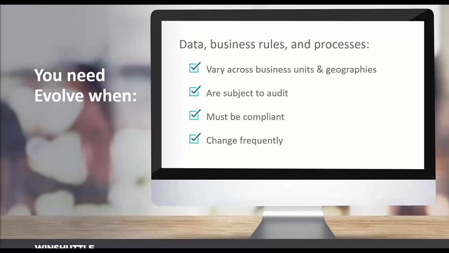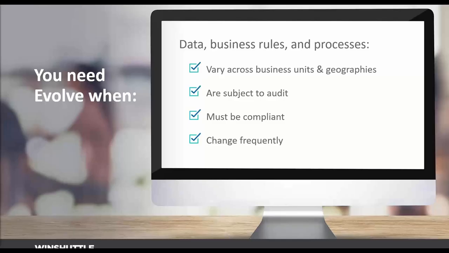Now consider a business that has multiple business units across different geographies. All these different scenarios and complexities of data vary across business units and geographies. The process may need to be audited by internal or external auditors. It may need to be compliant with some data privacy or protection acts. All of this is handled very easily with Evolve with the help of a very modern and easy to use user interface.